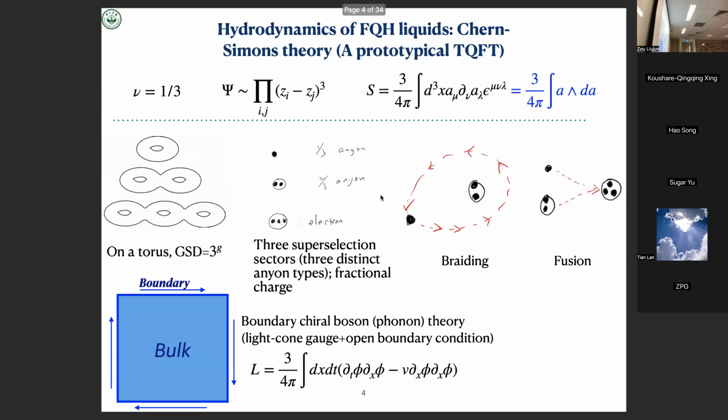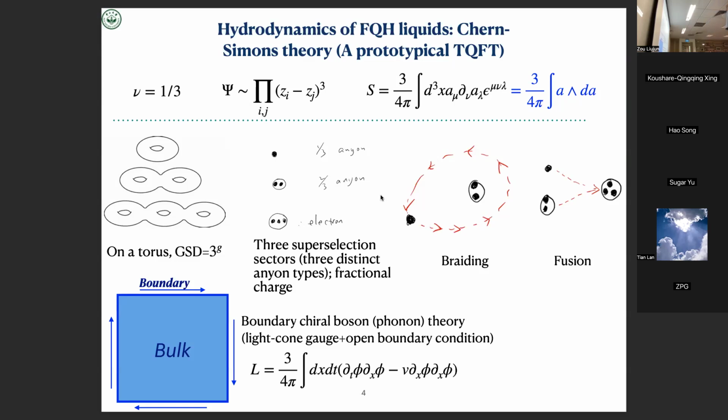In addition to this wave function, people also use an alternative approach to study the fractional quantum Hall effect, or we can call it topological order in 2D. The approach is the so-called hydrodynamic field theory, or some kind of 2+1D TQFT, topological quantum field theory. In 2+1D, we use the Chern-Simons theory to describe the ground state of this fractional Hall liquid.